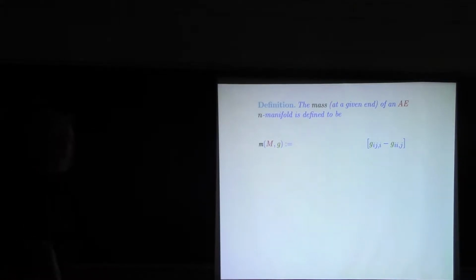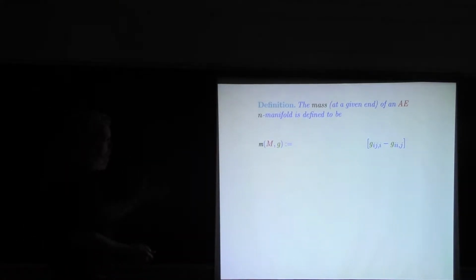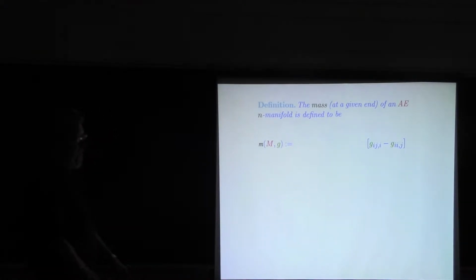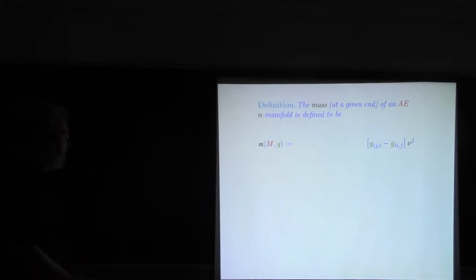And the algorithm is, and this is a horrible coordinate kind of definition, it's very hard to see the geometry. You start off by taking the divergence of the metric minus the gradient of its trace.